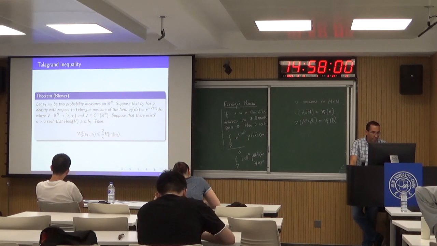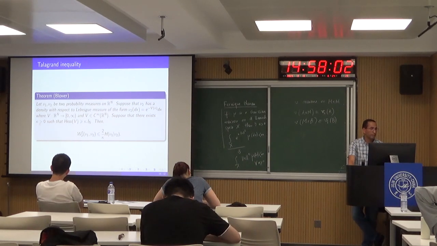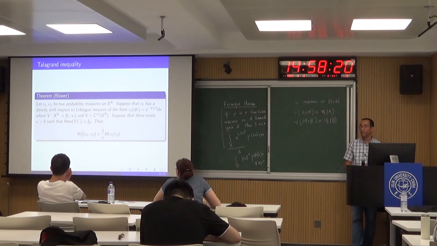Now suppose that there exists a constant kappa such that the Hessian matrix of v is greater or equal than kappa times the identity. Now, the Hessian matrix is the matrix that contains, of course, v is from R^n, it is a function of many separate variables.